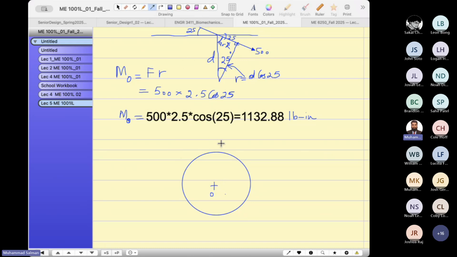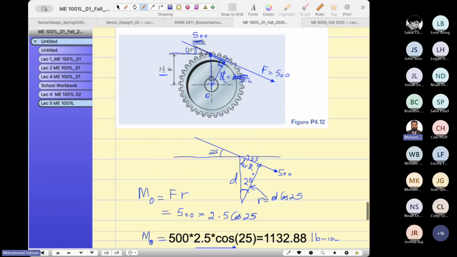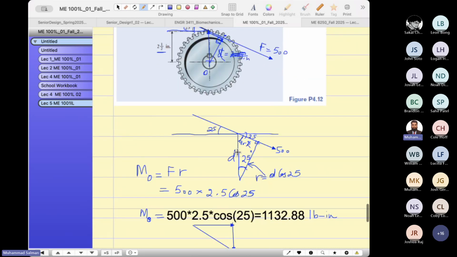The line of action of the force, I'm going to resolve it in two components. One component is this, one component is this. And this is passing through the axis of rotation. And this angle is given as 25 degrees.